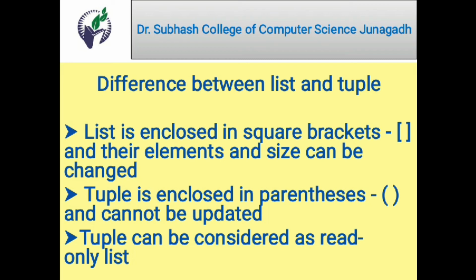That is the major difference, and that's why we can refer to a tuple as a read-only list. Both have the same functionality, both work the same, but a tuple cannot be changed, it is non-updatable. A list can be updated, a tuple cannot be updated.